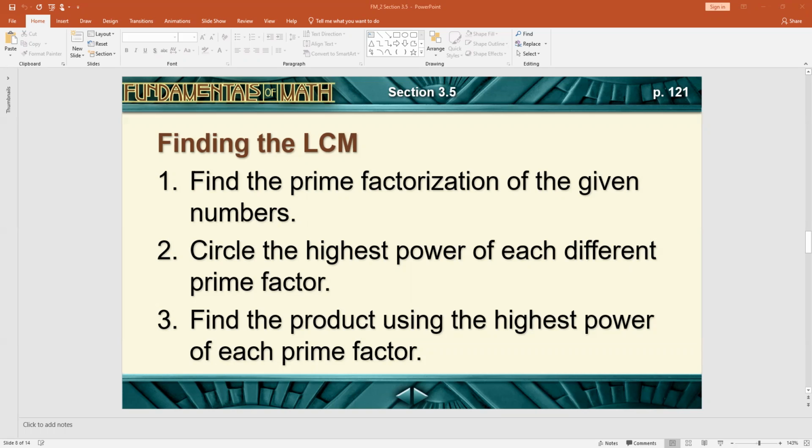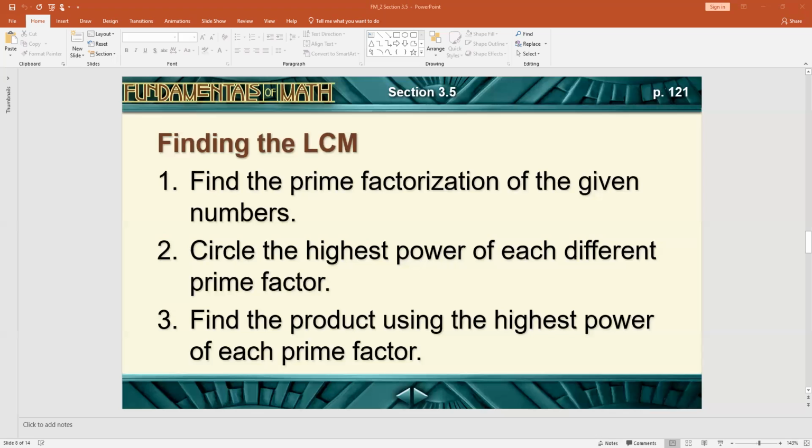So in the case of 120 and 90, they both have 2, 3, and 5 as their base prime numbers, but 120 has 2 cubed, whereas 90 has just 2. So we would need the 2 cubed to bring into our least common multiple, because if we tried to use just 2, it wouldn't be a multiple of 120.